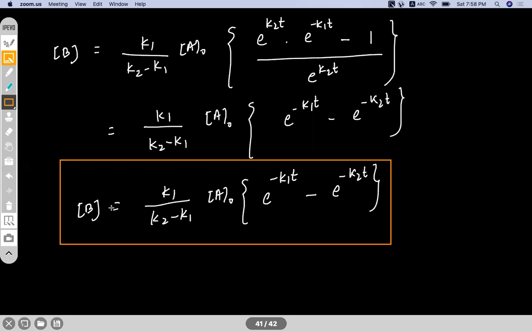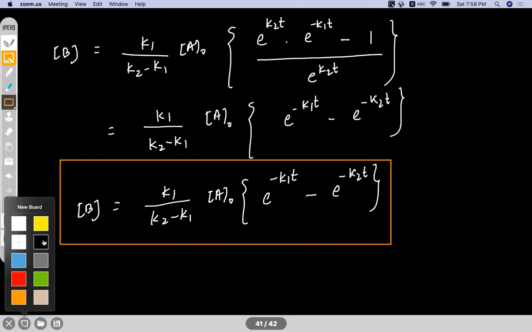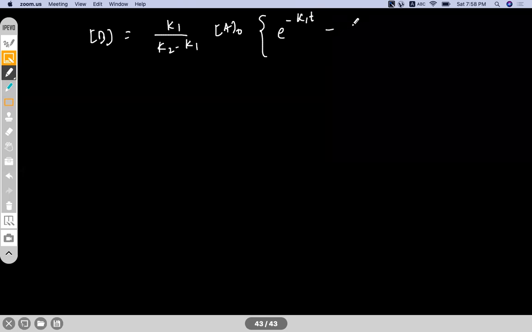We need to find out the time at which B becomes maximum. So we are going to differentiate this and equate it to 0. The expression of B is K1 by K2 minus K1, A naught, open bracket e to the power minus K1T minus e to the power minus K2T.